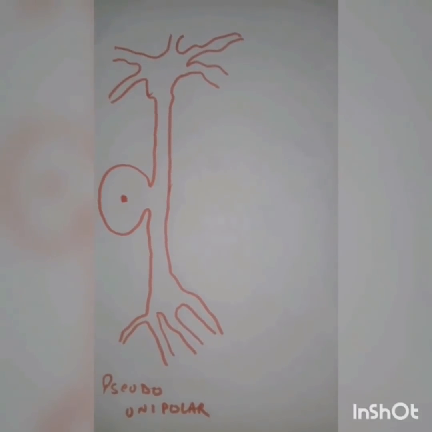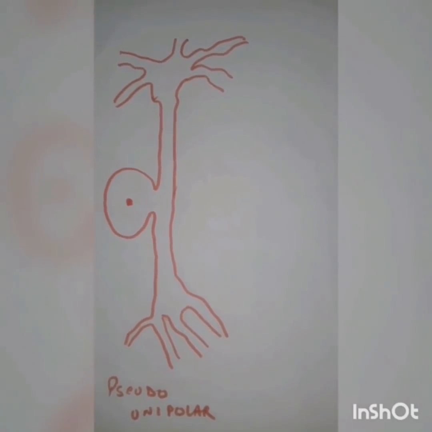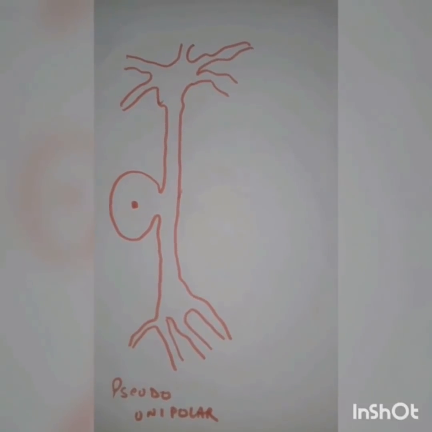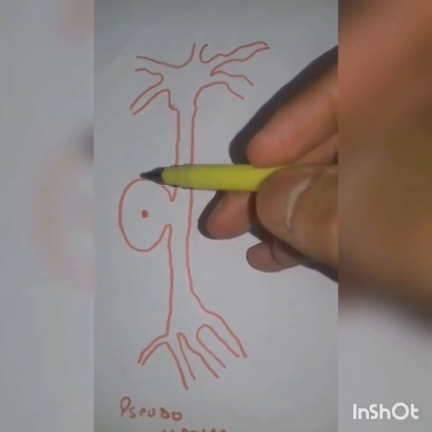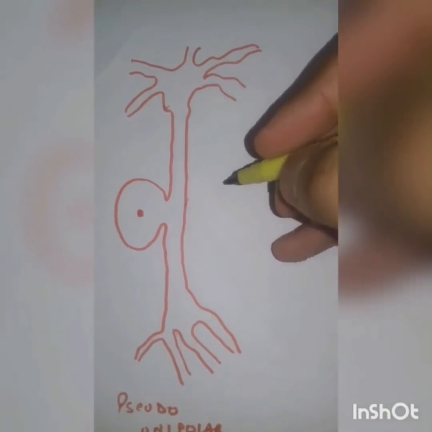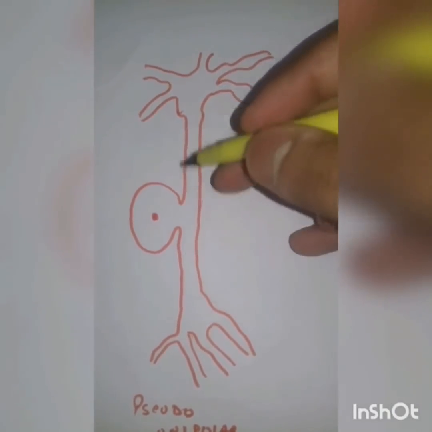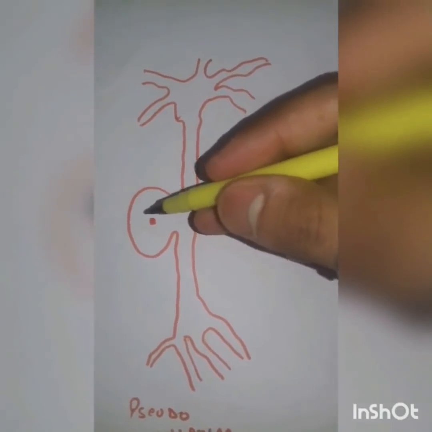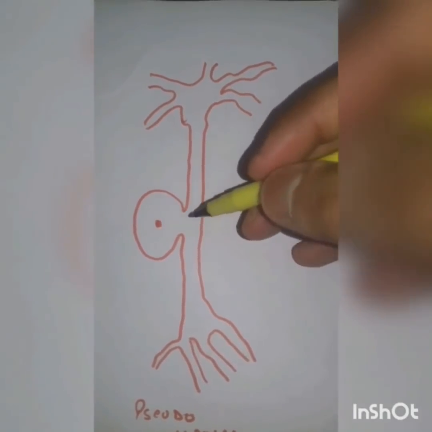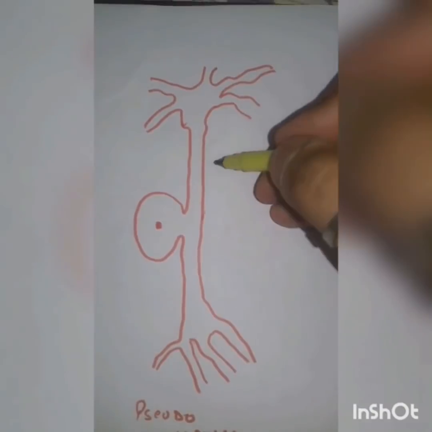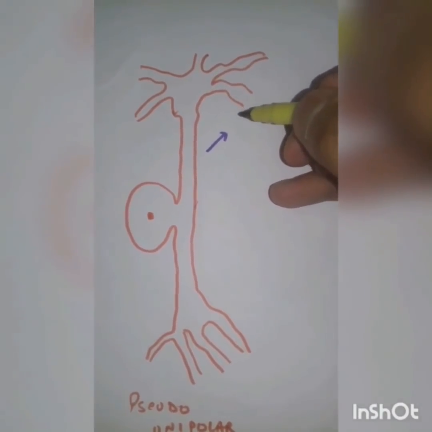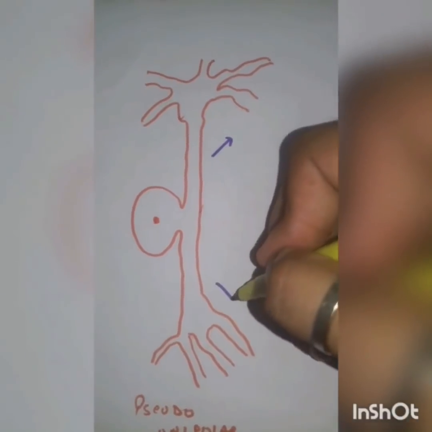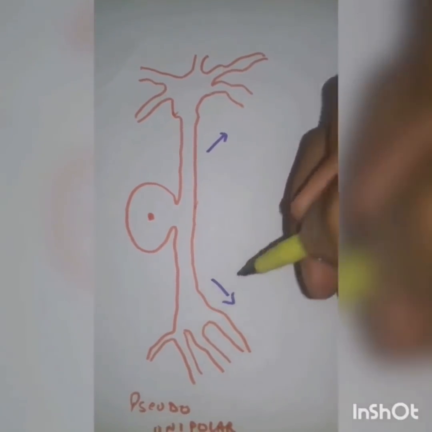A pseudo-unipolar neuron is similar to a bipolar neuron. The only thing is that the cell body lies in between and it results in the formation of a T-shaped structure. You can see this is a T-shaped structure. A pseudo-unipolar neuron divides into two parts, out of which one part goes towards the periphery, meaning to the organs or to the skin, whereas the other one goes into the spinal cord.